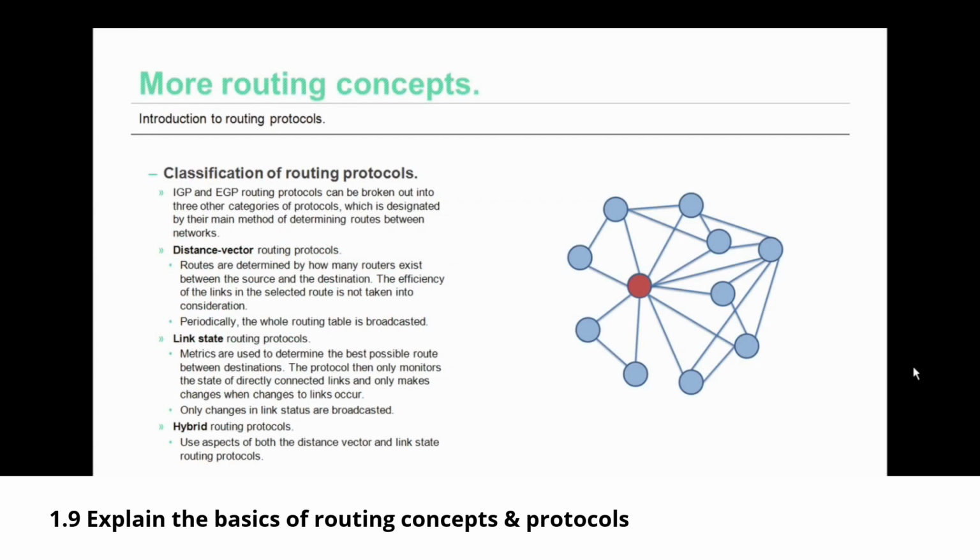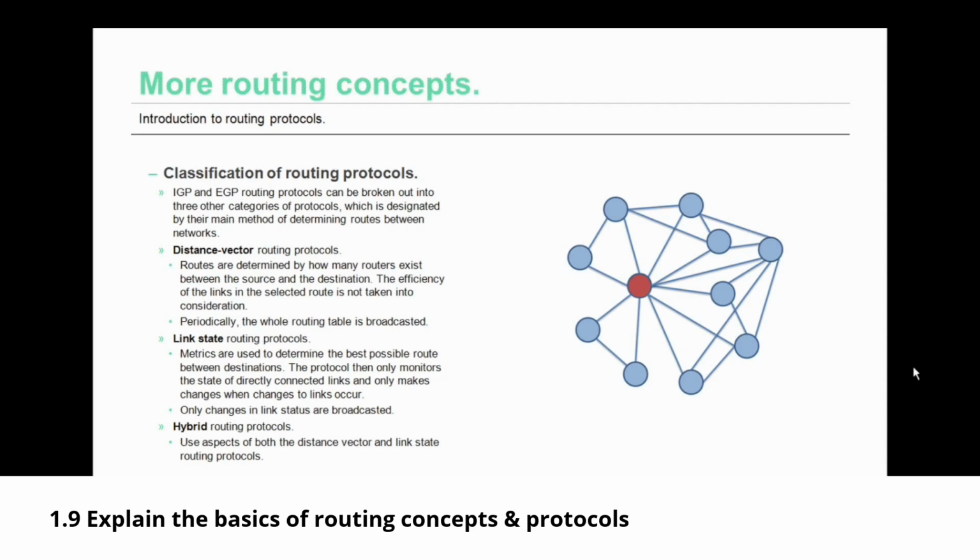Routing protocols can be classified by how they perform their routing. Interior gateway and EGP routing protocols can be broken out into 3 other categories of protocols, which is designated by their main method of determining routes between networks. The first class of routing protocols are distance vector routing protocols.